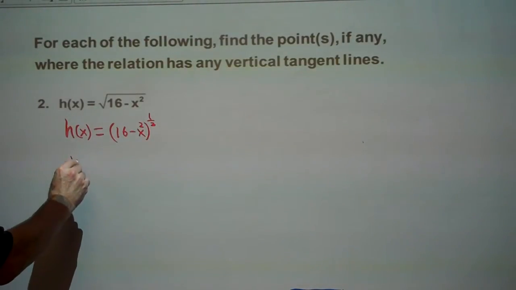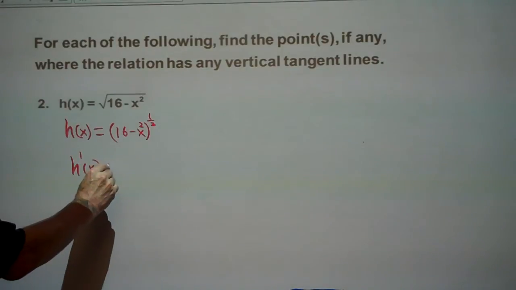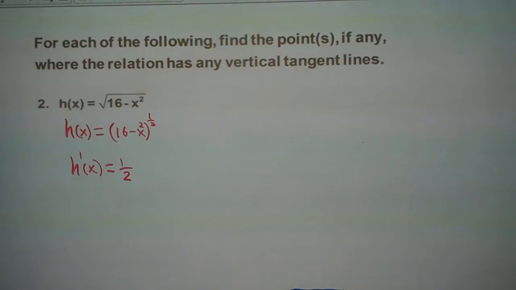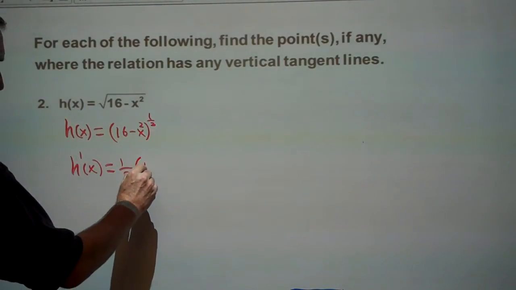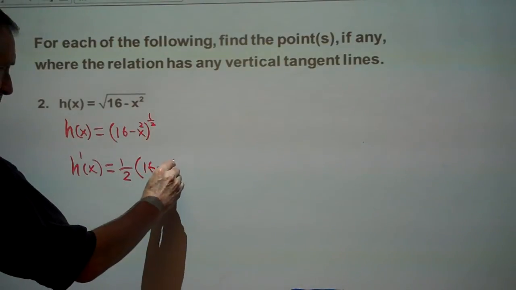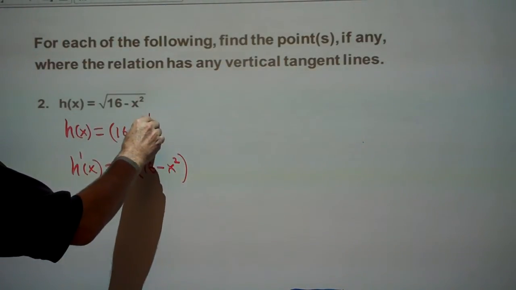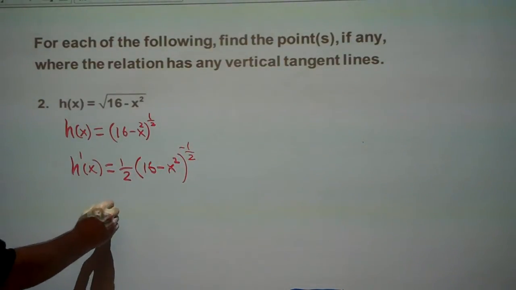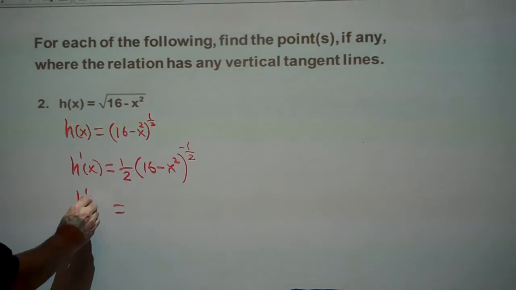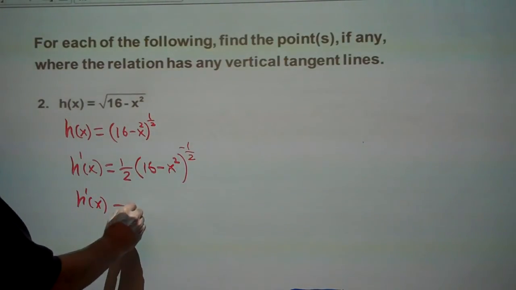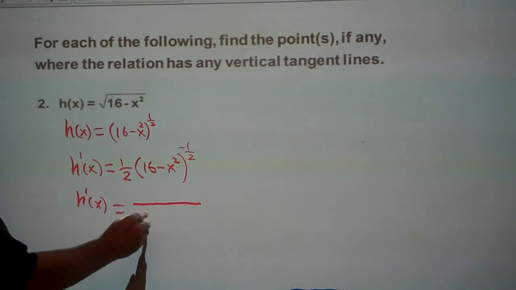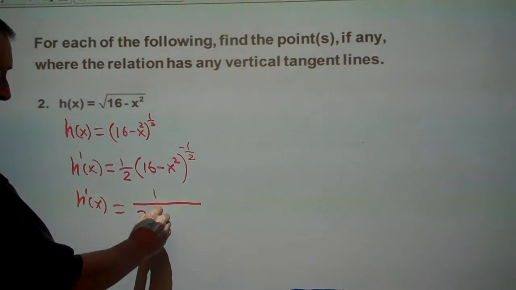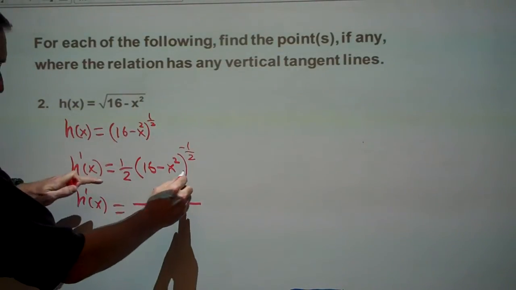So h prime of x, we take the 1/2 exponent here and put that out front, and we have 16 minus x squared. 1/2 minus 1 will be negative 1/2, and rewriting back in radical form, we have 1 over 2 times, I did forget something here.